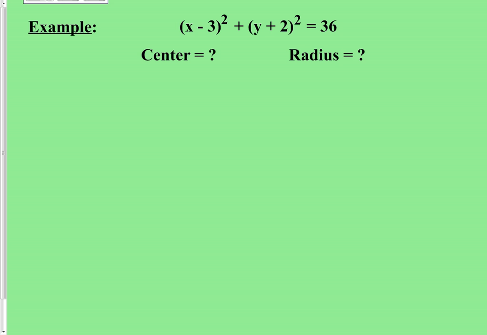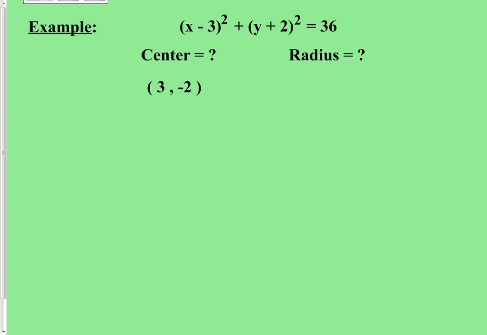In the y binomial, the minus sign is not there, which means the 2 must have come equipped with its own negative, and the two negatives became a plus to make it read like y plus 2. So we should have an h value of positive 3, a k value of negative 2. That puts our center at (3, negative 2).